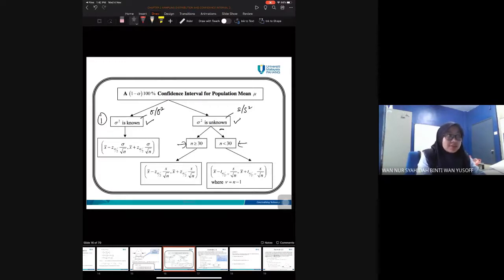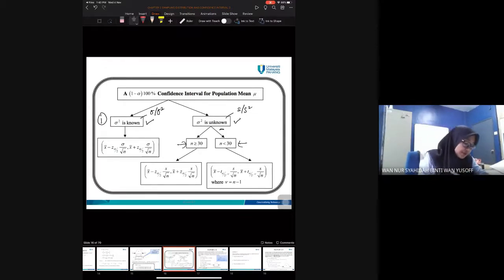That's why I said in the previous class that sample and population is very important when we go to chapter 2 onward, especially chapters 2 and 3, because you have to know whether the variance given is a population or sample variance. It will influence the formula that we are going to use.